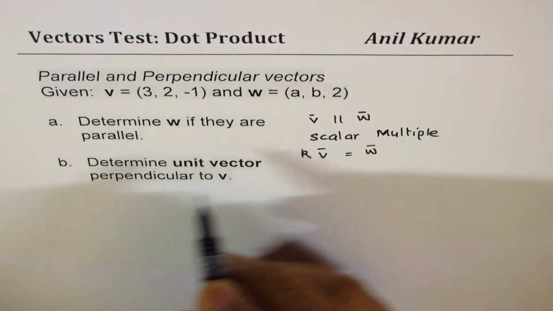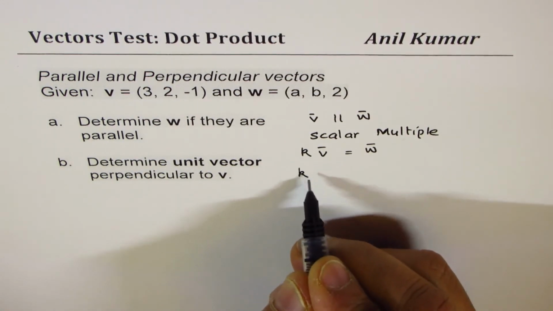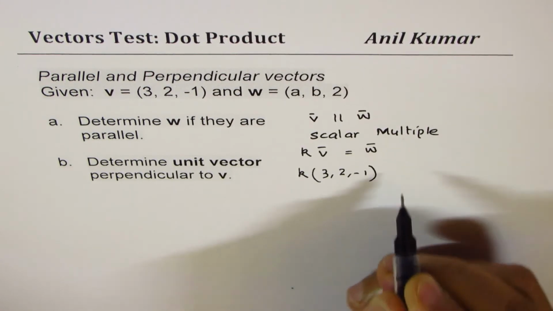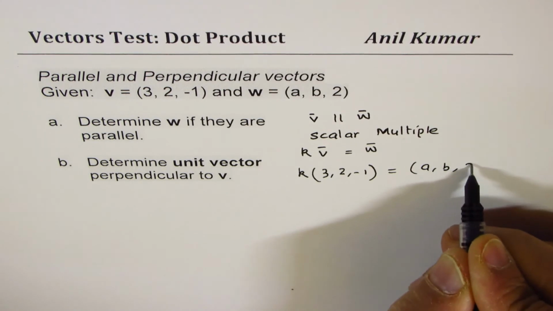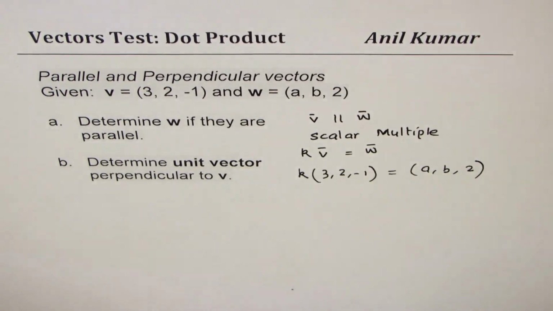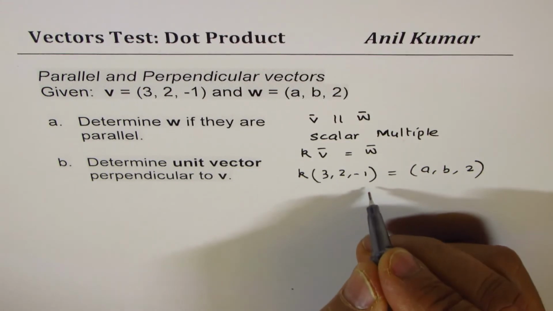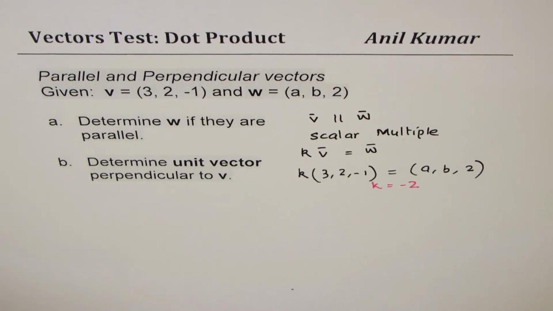Now in this particular case, if I write k times vector v, which is 3, 2, minus 1, and vector w is a, b and 2, I could see very clearly that this is minus 1, that is 2. So that gives me k equals minus 2, correct?